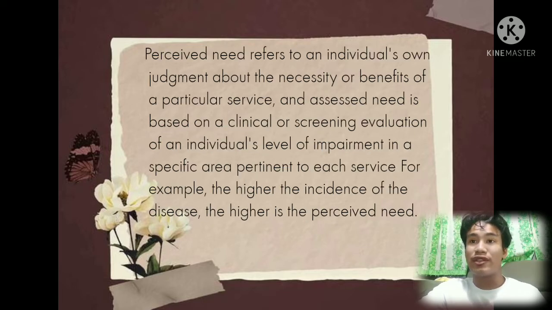Perceived need refers to individuals' own judgment about the necessity or benefits of a particular service, and assessed need is based on clinical or screening evaluation of an individual's level of impairment in a specific area pertinent to each service.